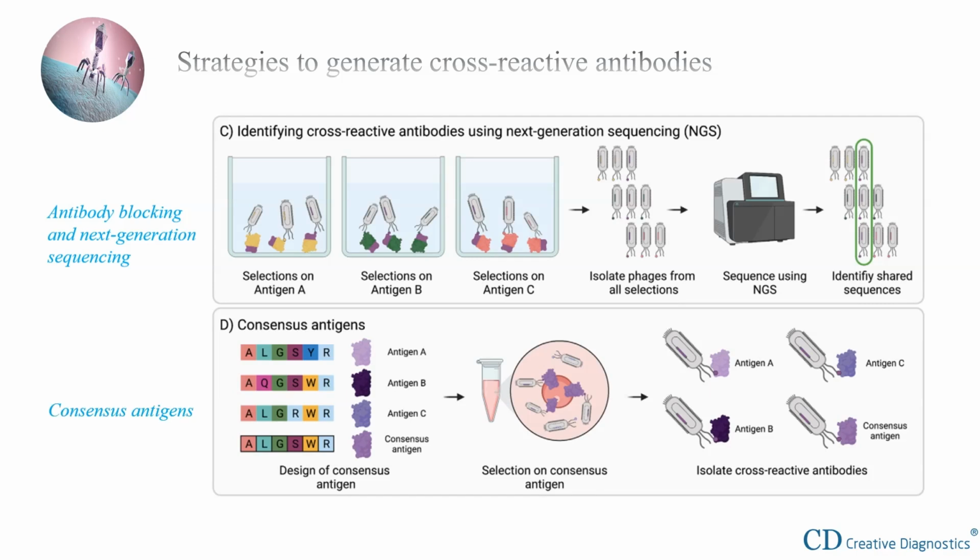Another way to identify cross-reactive antibodies is to use consensus antigens in the selection process. A consensus antigen is created by aligning the sequences of multiple homologous antigens and constructing an average antigen that contains the most common amino acid at each position.